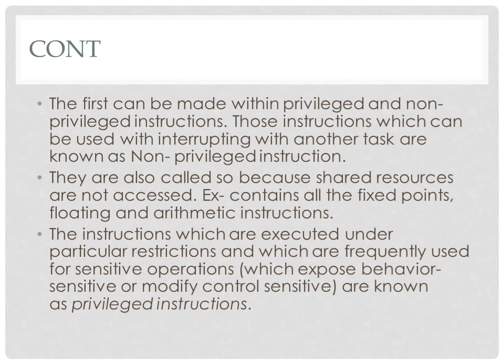Examples contain all the fixed-point, floating-point and arithmetic instructions. The instructions which are executed under particular restrictions and which are frequently used for sensitive operations, exposing behavior-sensitive or control-sensitive operations, are known as privileged instructions.